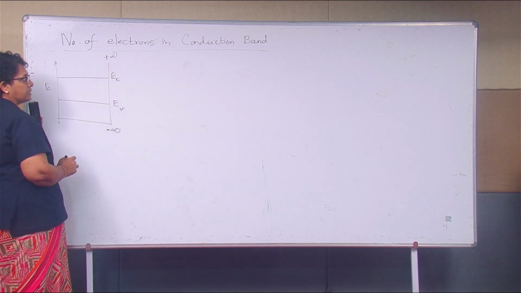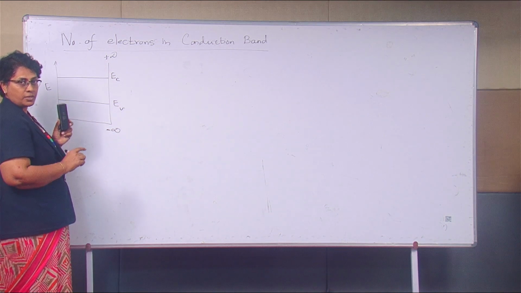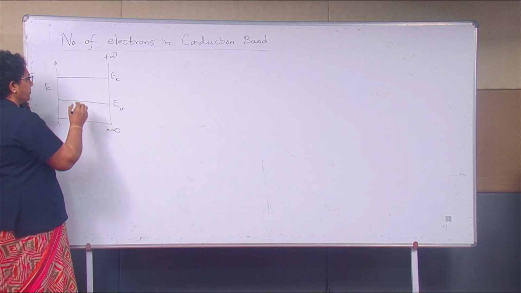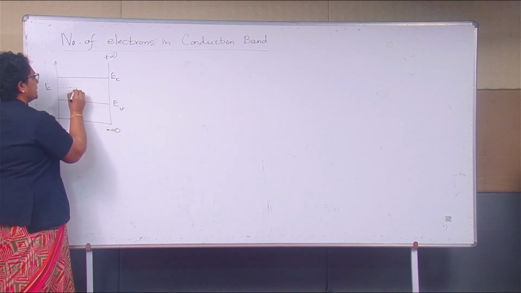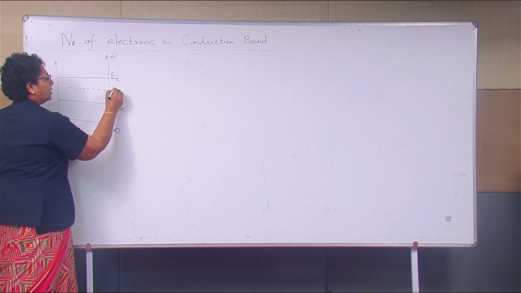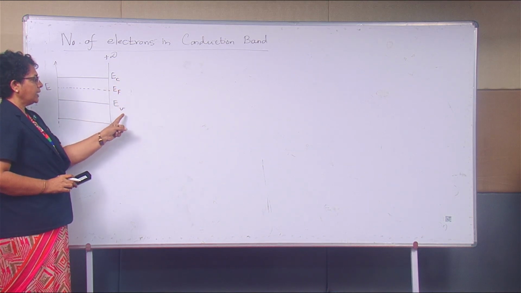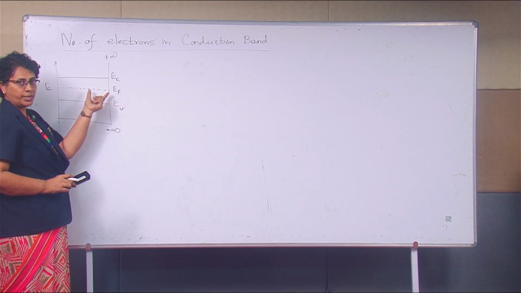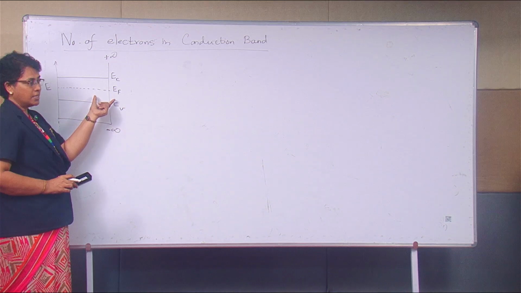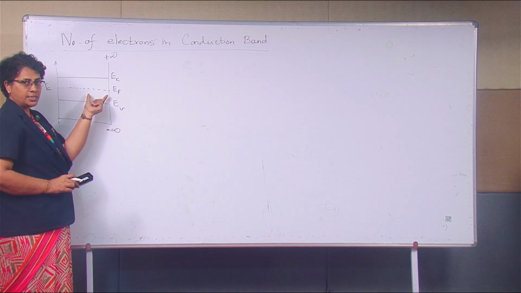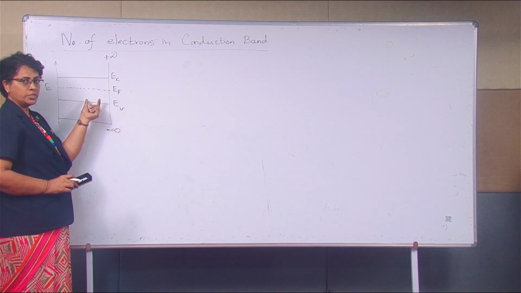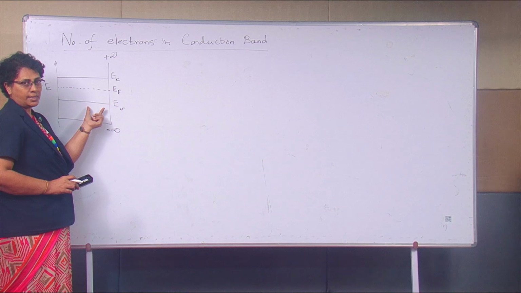In intrinsic semiconductor, since the number of electrons and holes are equal, the Fermi level will be present exactly at the midpoint between EC and EV. We know that the Fermi energy level is the maximum level up to which the energy levels are filled with electrons.